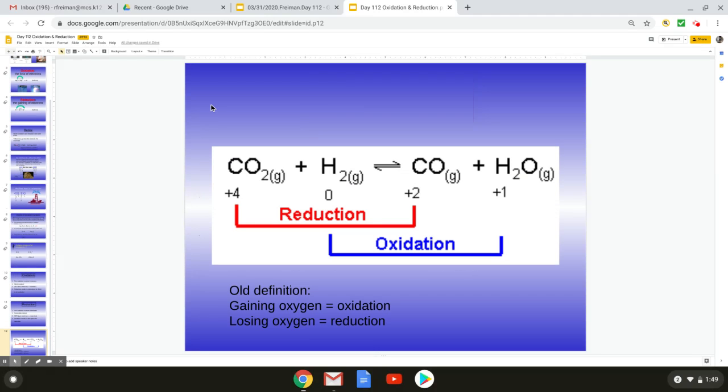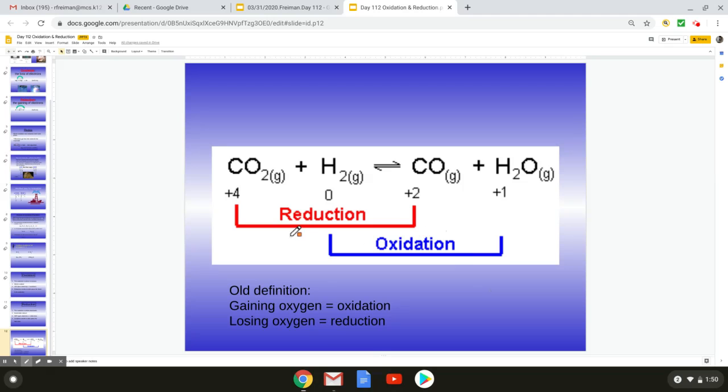The old definition of oxidation and reduction was if something gained oxygen, it oxidized. If something lost oxygen, it reduced. Chemists now know that oxidation-reduction reactions happen with any kind of metal to nonmetal, or any reaction in which electrons are gained and electrons are lost.